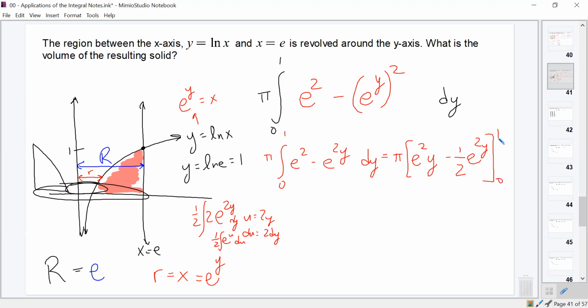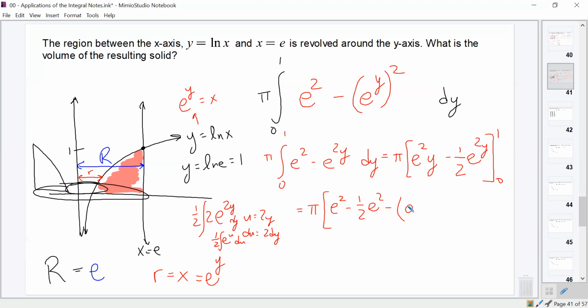And so now we've just got pi times e squared minus 1/2 e squared when you plug in 1, minus, and be careful that you actually plug the 0 in. A lot of people just say, oh, the lower limit is 0, so the value of this thing is 0.